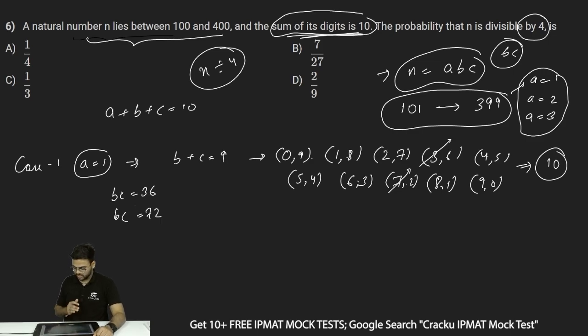There are no further cases for which BC is divisible by 4. So favorable outcomes will be 2 in this case, because BC is 36 and BC is 72.